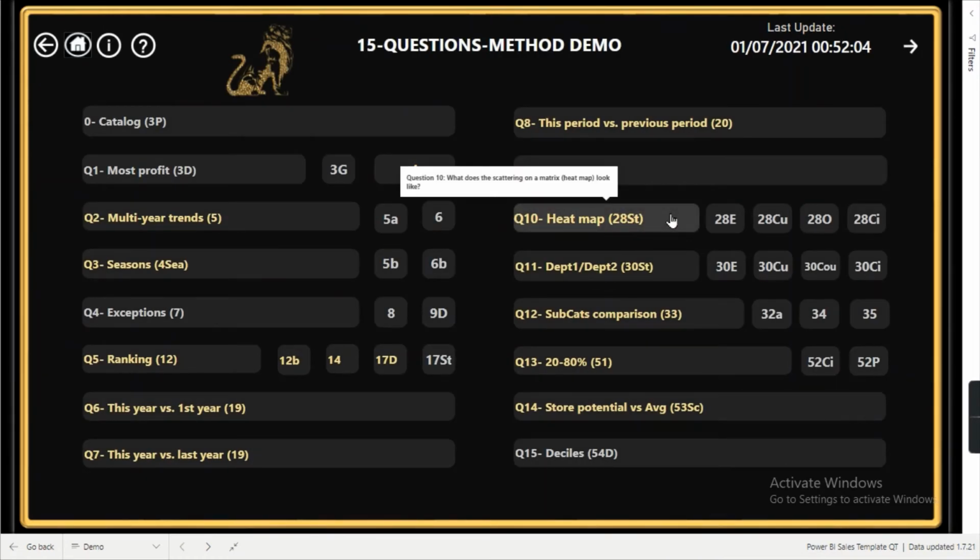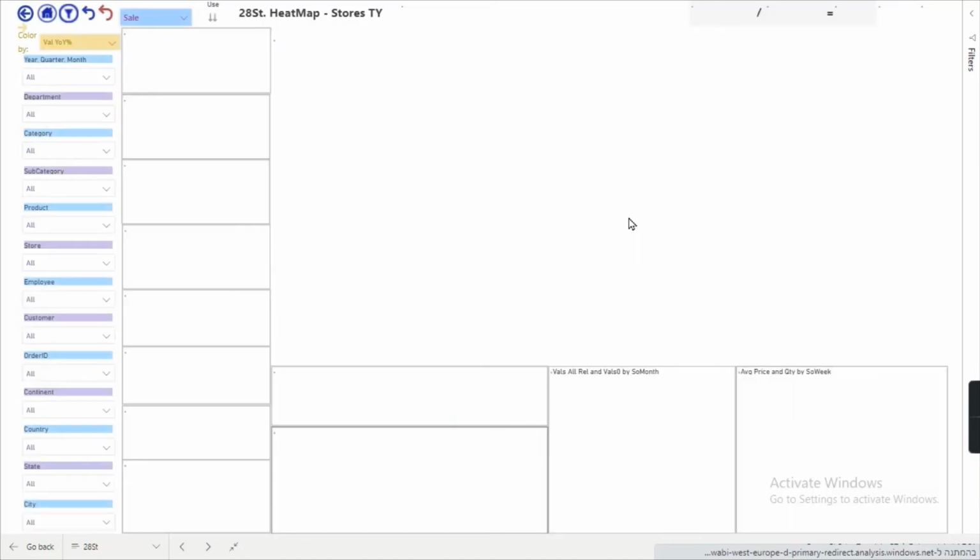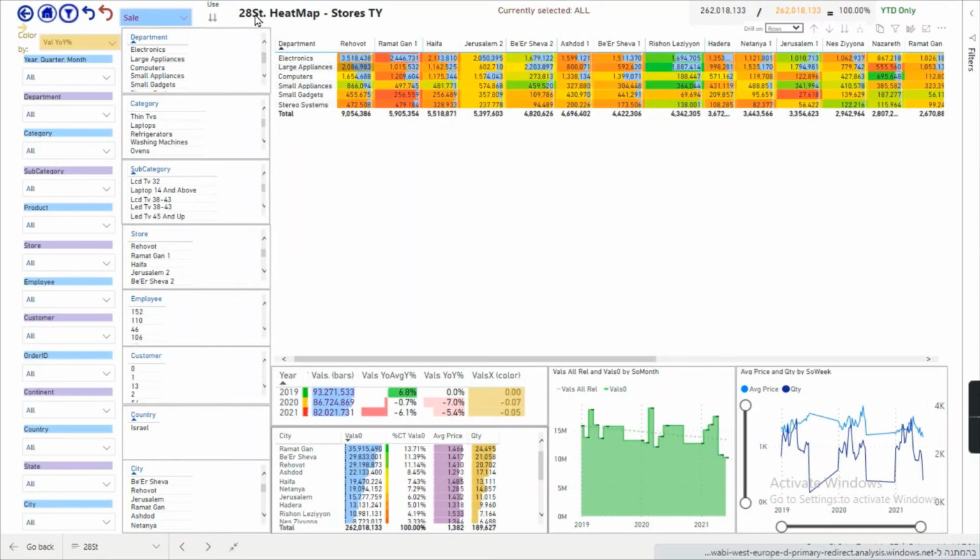Question 10. What does the scattering on a matrix heat map look like? The distribution. There is one page for each main entity dimension. So let's see page 28 for stores, ST. We see the distribution of departments over the stores.